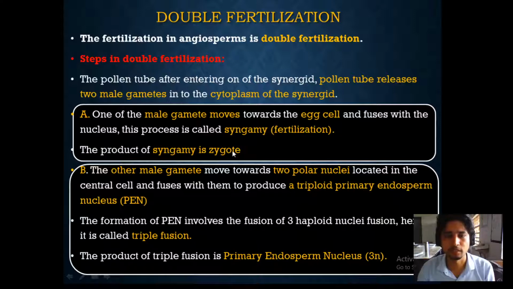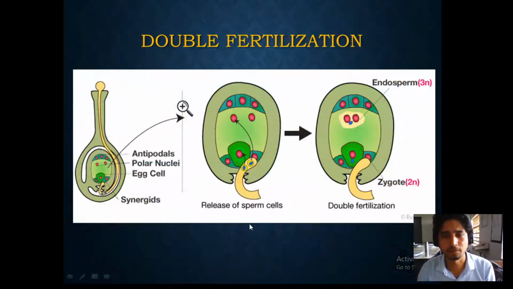But in the polar nuclei there are already two nuclei, to which this male gamete fuses, so it is a triple fusion. This triple fusion leads to the formation of the primary endosperm nucleus, a triploid nucleus. If you see this picture, it clearly represents double fertilization. Why we call it double fertilization, we are going to see now.